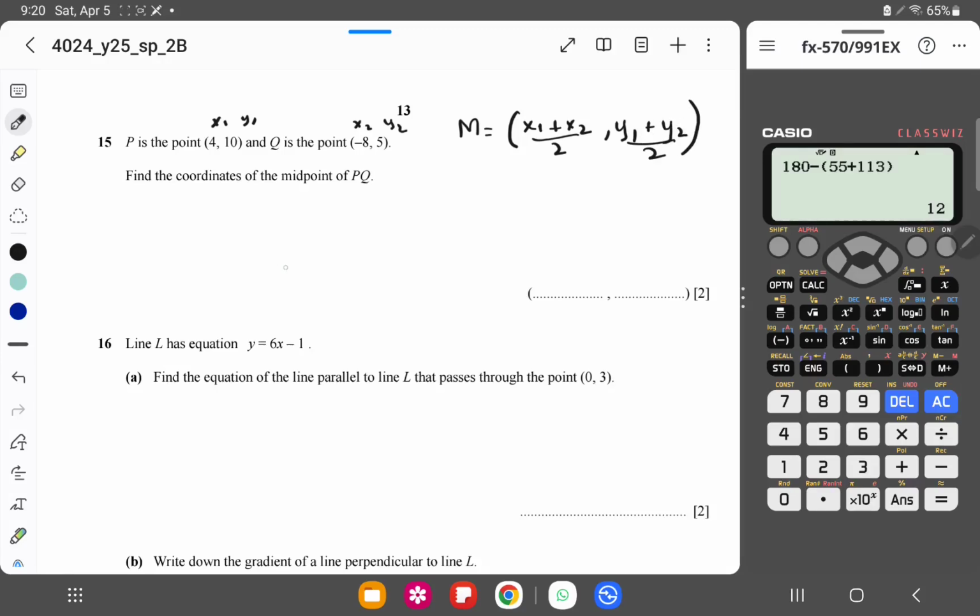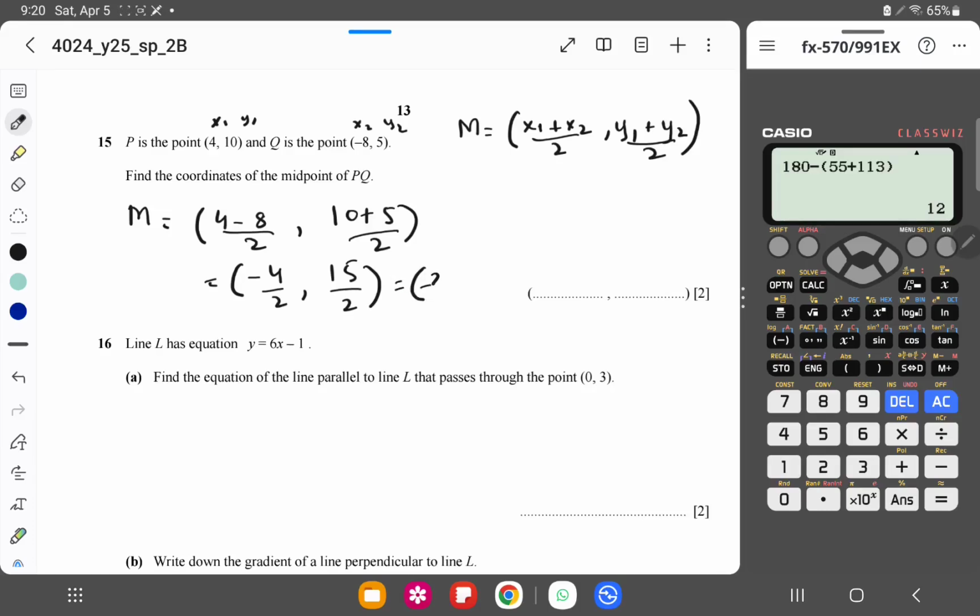Just check: 4 minus 8 upon 2 and 10 plus 5 upon 2, which is equal to minus 4 upon 2 and 15 upon 2, which is minus 2 and 15 upon 2, 7 and 1 over 2, or minus 2, 7.5 is the answer for this question.